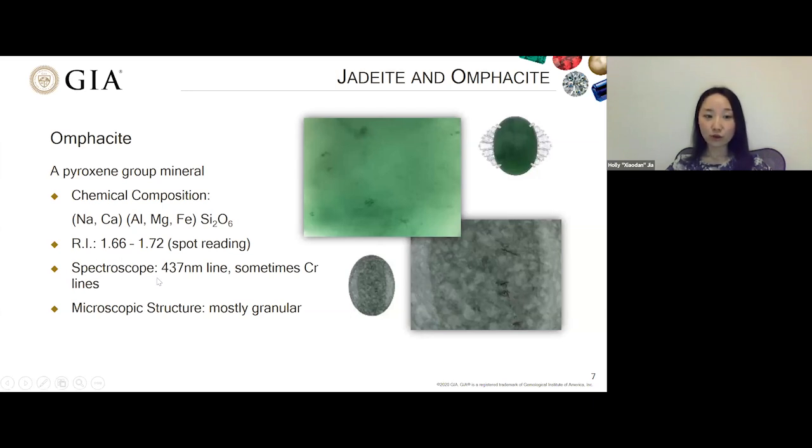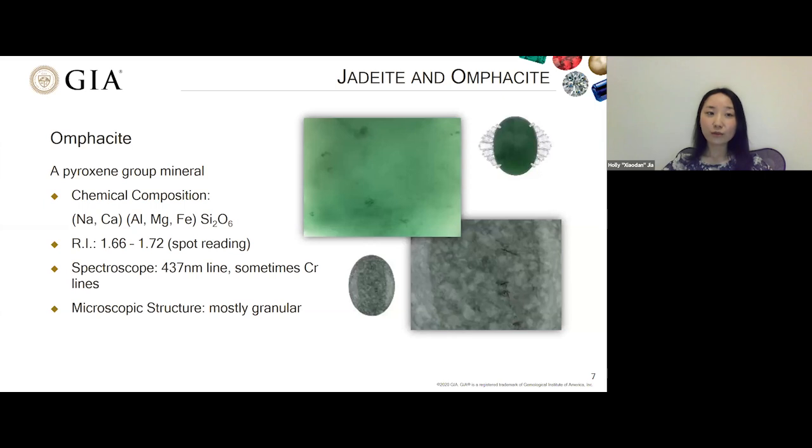And in the spectroscope, omphacite could also show the 437 nanometer line that is diagnostic for the jadeite jade. And if it contains chromium, it may also show the chrome lines. So basically, omphacite can have the exact same spectrum as the jadeite jade. So now you can probably see the limitation of traditional gemological testing.